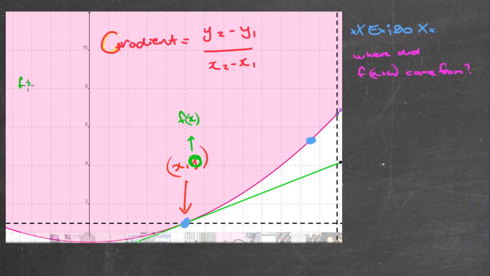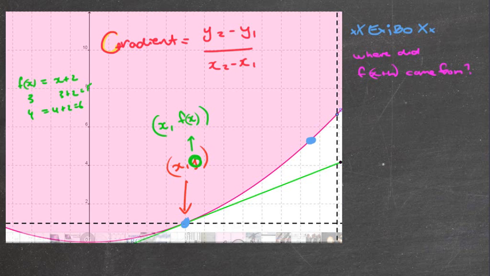If I had the function f of x is equal to x plus 2, and I put in 3, it'd be 3 plus 2, which equals 5. If I put in 4, it'd be 4 plus 2, which is 6. So it just means that we're substituting the x value into that function to get the value of it. So instead of using x comma y, we're going to use x comma f of x. Okay, that's where the f of x comes from.